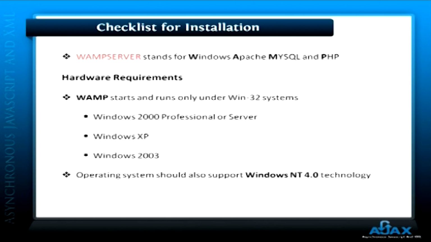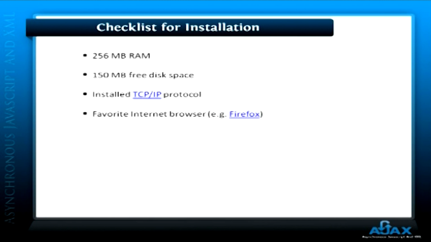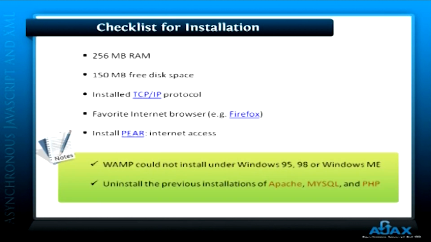The other important hardware requirements are 256 MB RAM, 150 MB free disk space, installed TCP/IP protocol, our favorite internet browser, for example Firefox, and internet access. Note, due to some technical limitations, WAMP could not install under Windows 95, 98 or Windows ME.